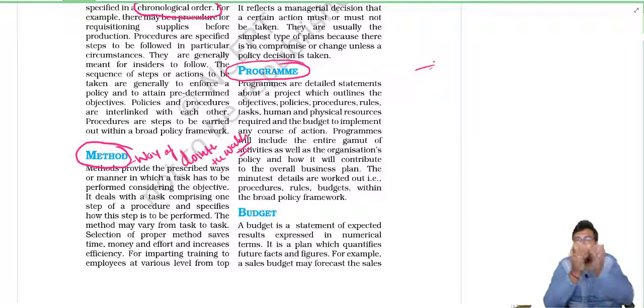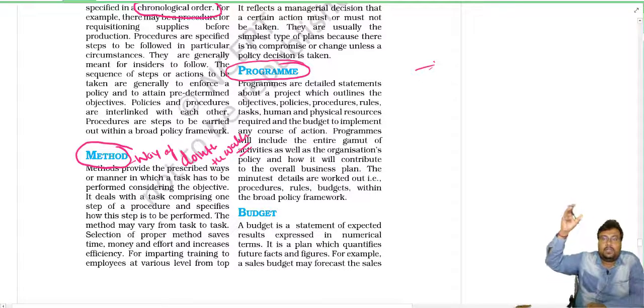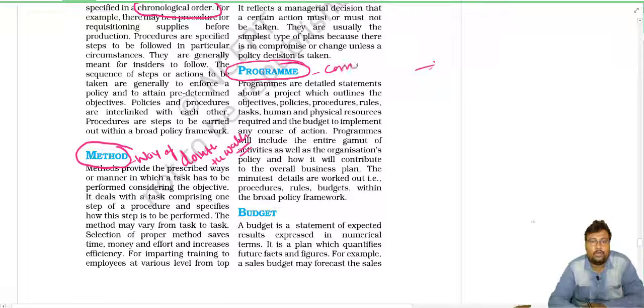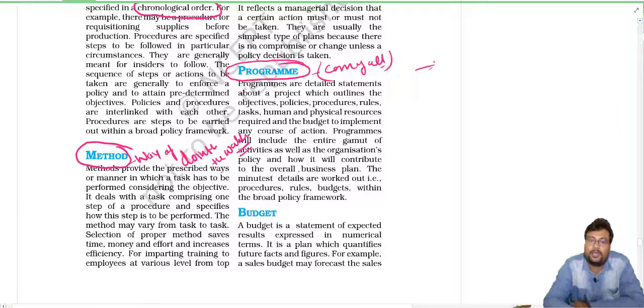All these things included are considered a program. So a program is a totally defined outline of how the task will be completed, along with the budget. When everything is present, that will be considered a program.